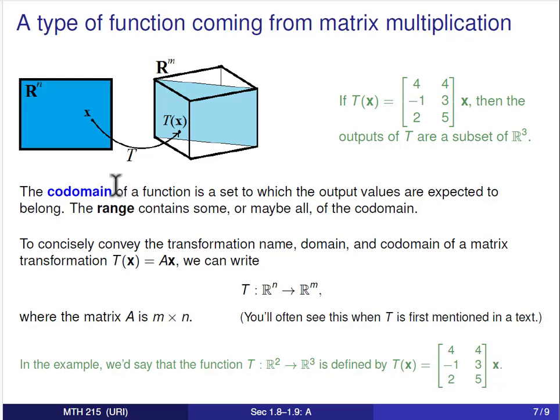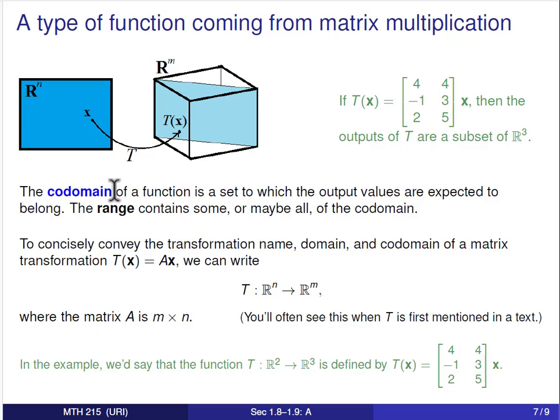And so that would tell us that our codomain would be R3. R3 is sort of the universe that our output values belong to. Now the actual range, the actual vectors you get from R3, may just be a certain small subset of R3, but we can say that the codomain is R3.